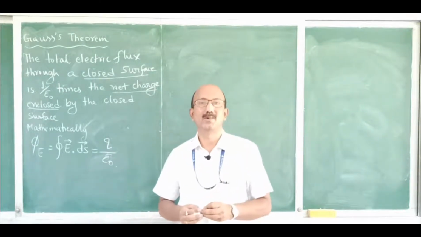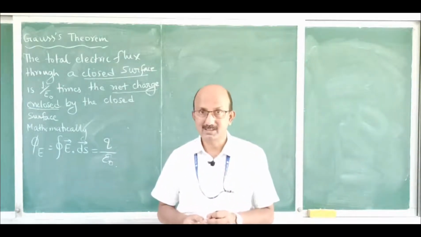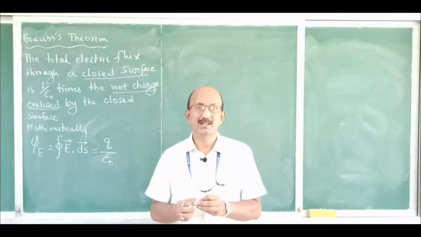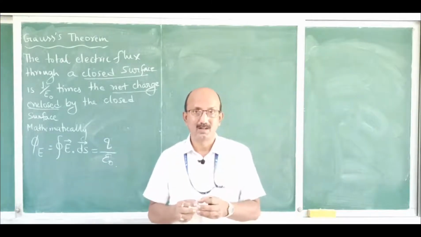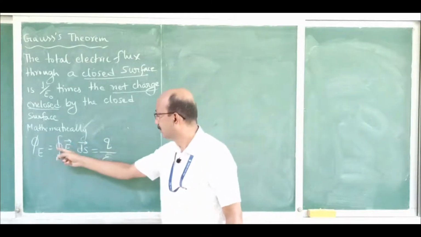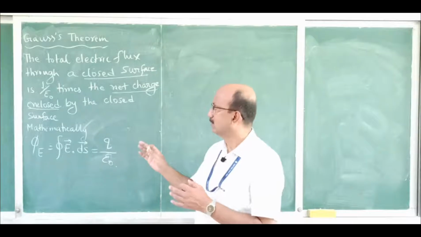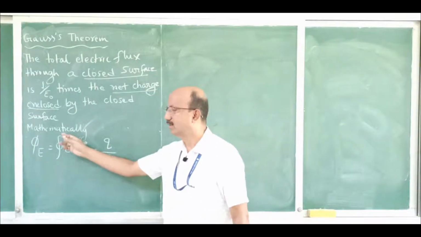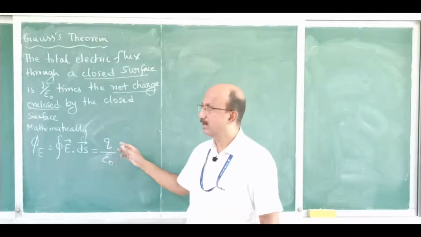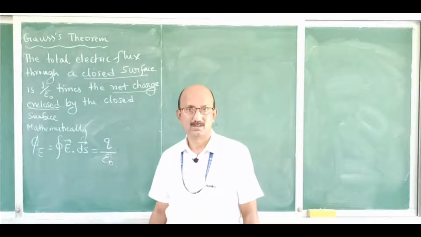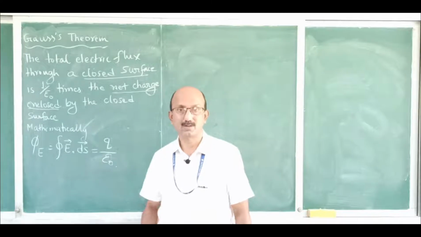Each surface area we mark as ds, then we draw the area vector of that ds, then we find the angle theta that the area vector ds makes with the electric field, then we integrate by this formula E dot ds. So it is a tedious job, and Gauss theorem told that you need not do all these things. Even if you do all these things, ultimately you will get this result. So Gauss theorem simplified the task of finding electric flux associated with any surface, but a closed surface.